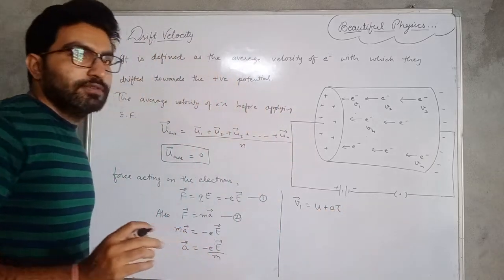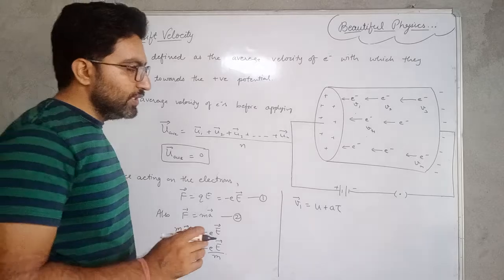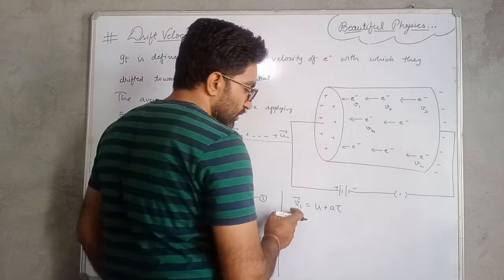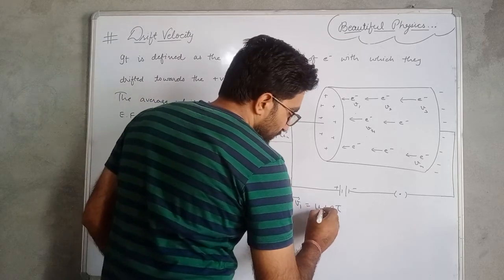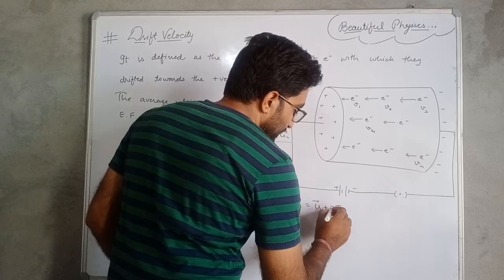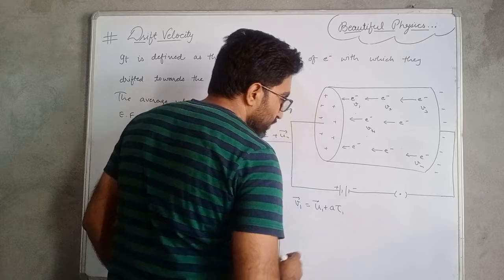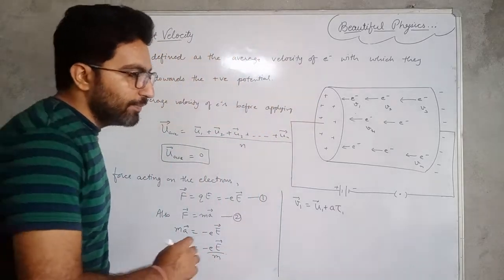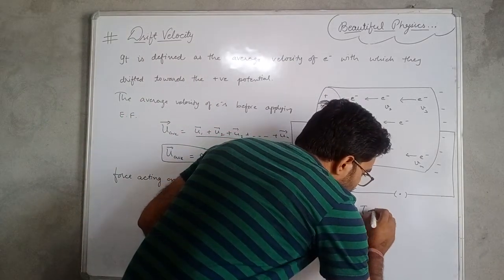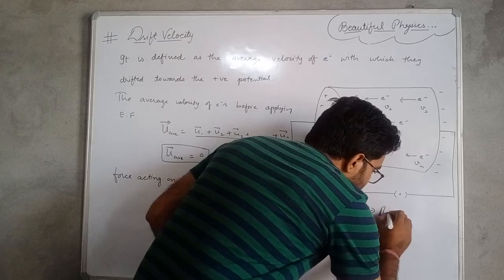We know the first equation of uniformly accelerated motion, v equals u plus a t. So here I am writing v1 equals u1 plus a tau 1. Here tau represents the relaxation time.